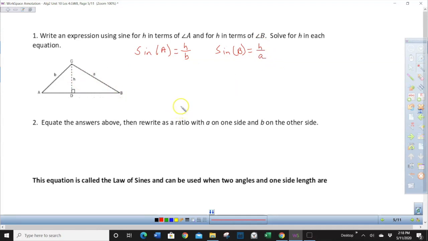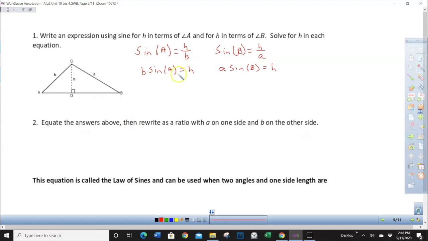So then it says solve for H in each equation. So I'm going to multiply both sides by B. That gives me B sine of A equals H, and A sine of B equals H. Well, now these are both equal to H. So it says equate the answers above and then rewrite as a ratio with A on one side and B on the other.